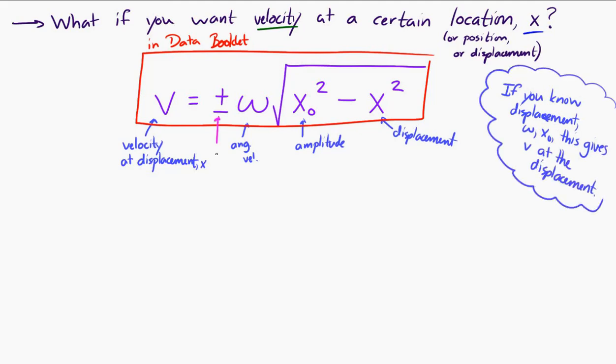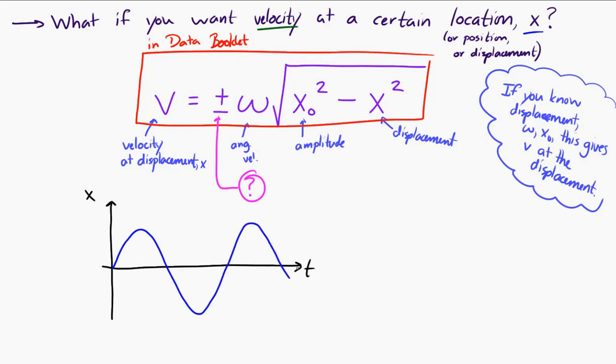Why? Well, let's think about the displacement versus time graph. All right, so we've got it looking like this. Let's get that bland displacement graph. Well, if I want to know the velocity at a certain displacement, a certain displacement would be like along this horizontal line here.